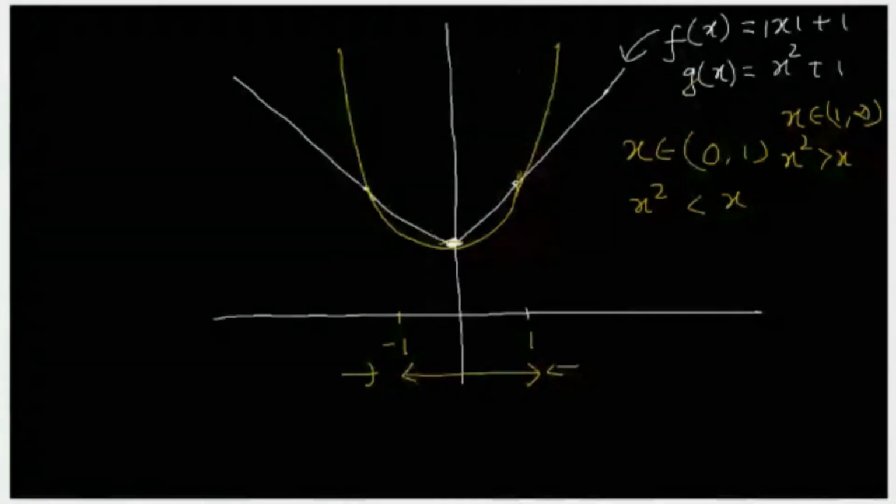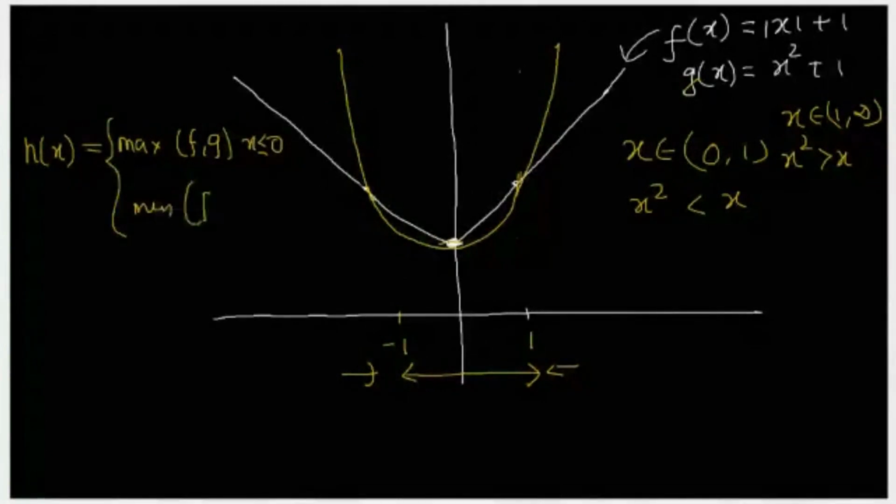You have h of x, which takes the maximum of f and g when x is less than 0, and takes the minimum of f and g when x is greater than 0. So just shade the region. How will this graph look?